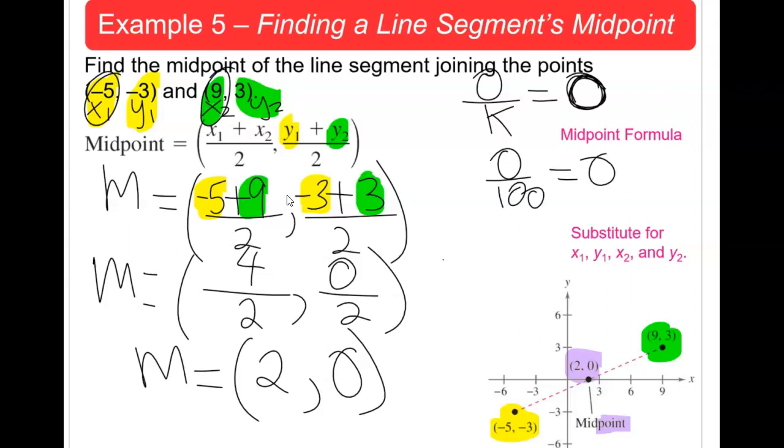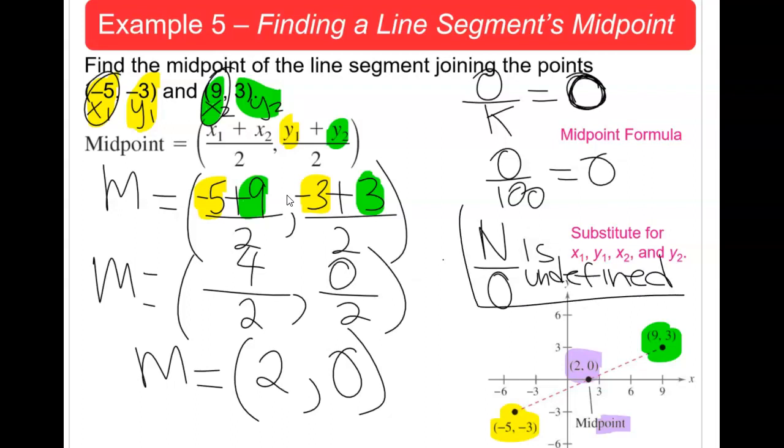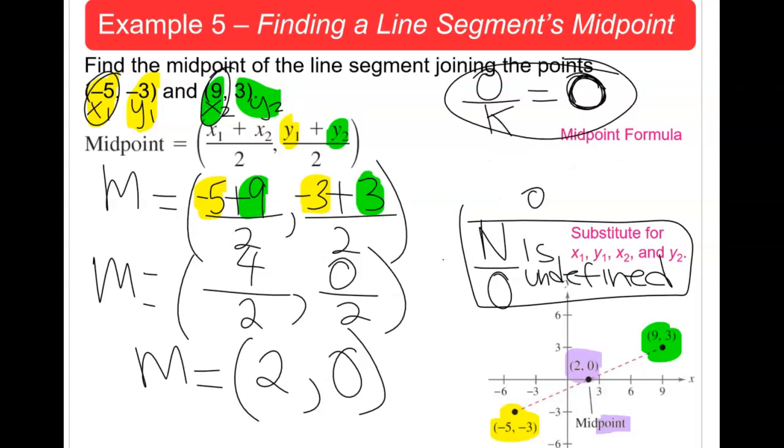But if we have the other way, any number divided by 0, that is a no. And we refer to this as undefined. This will be very important and useful once we get to the first functions that we will study, which are the linear functions.